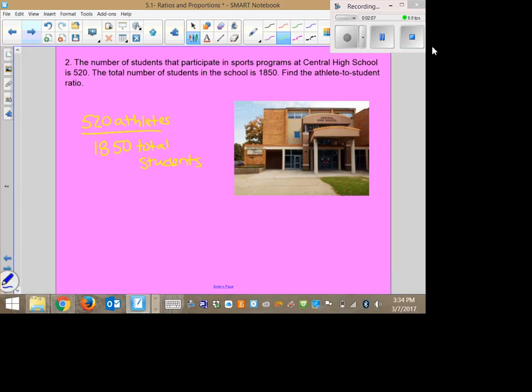So this will give us a ratio of 0.28, meaning that 28% of the students are athletes.